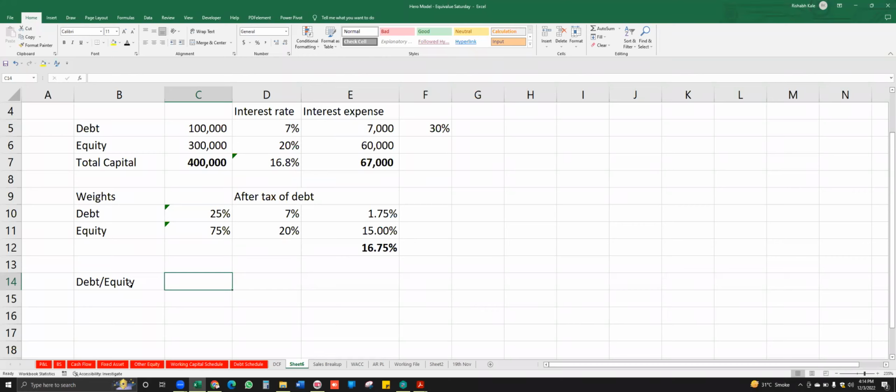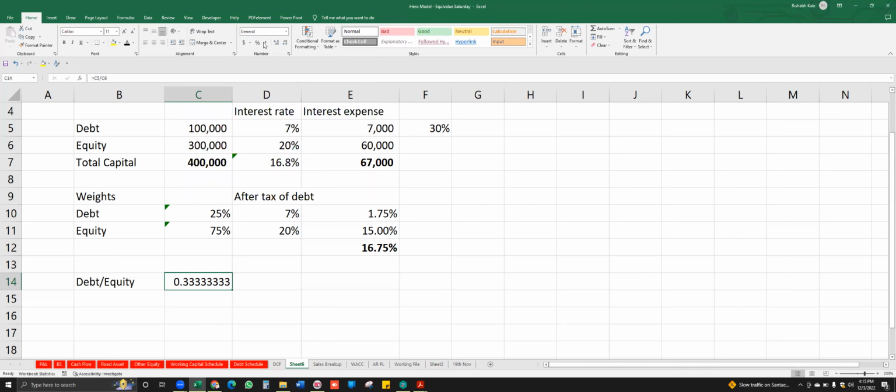No, debt to equity, I'm asking you. Not 1:3, just the number. Not the ratio, the number. If I want to find the debt to equity ratio for this, I said debt is 1 lakh and your equity is 3. It's 0.33, not 0.66. 0.33.